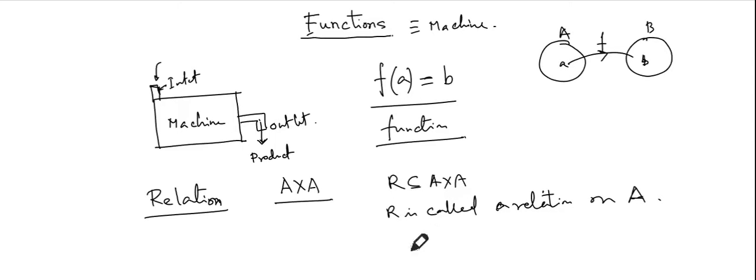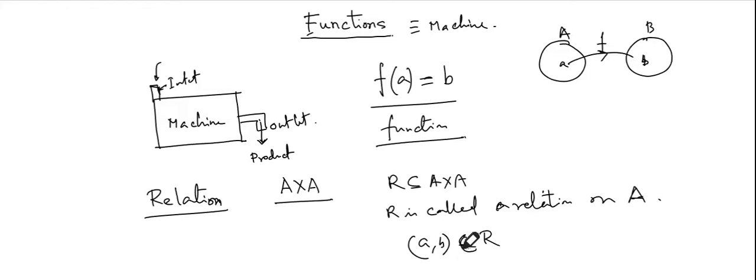So any element of R would be an element of A cross A, and any element of A cross A would be an ordered pair like (a, b), and this belongs also to R because we have taken this element from R. So if (a, b) belongs to R, that means the ordered pair belongs to R. We say that a and b are related to each other with respect to this relation R. Now what is special about a function, or how can we derive the function from this relation?